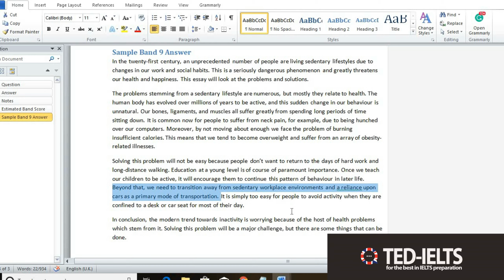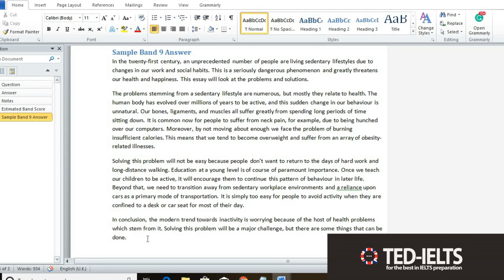Then we go beyond education. So we talk about the workplace. And then in the final sentence, it is simply too easy for people to avoid activity when they are confined to a desk or a car seat. So here in this paragraph, I've given two solutions. I've linked the solutions together and I've expanded upon these two solutions.